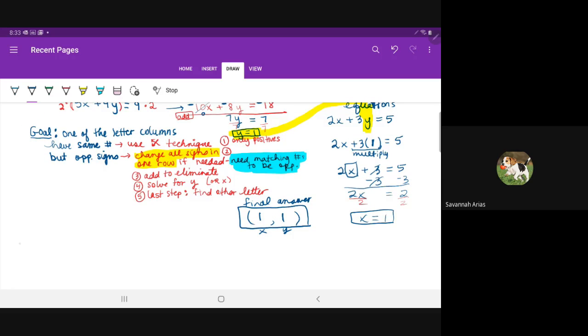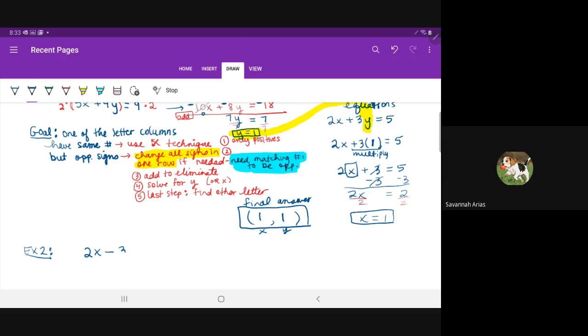Okay, so let's do example 2. Let's do example 2. Okay. You guys leave a little bit of space in front of the 2 because you're going to have to put something in there.